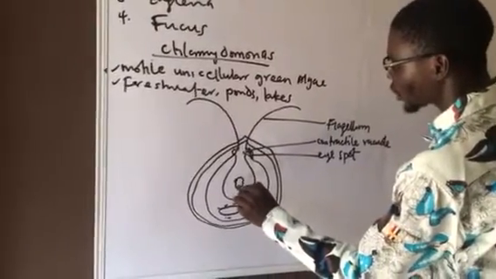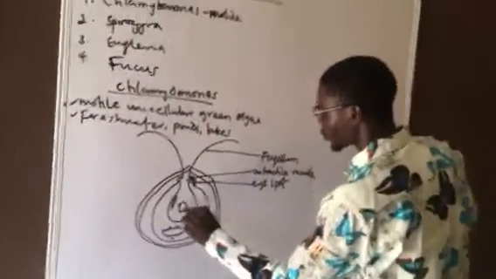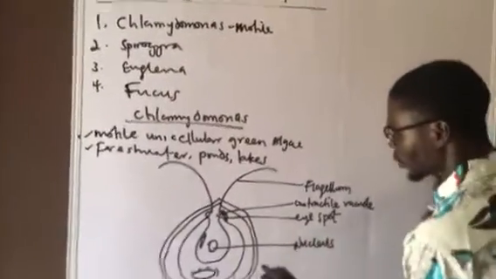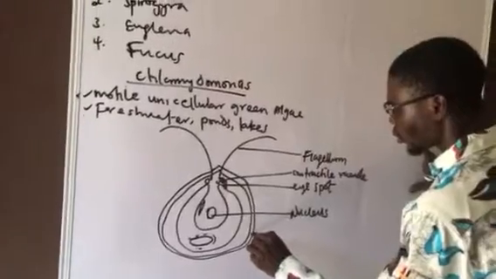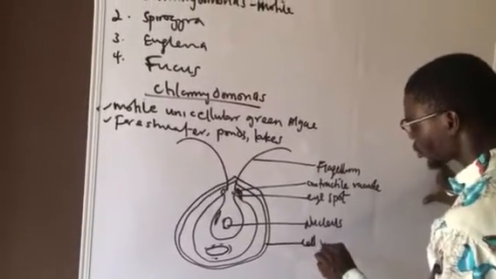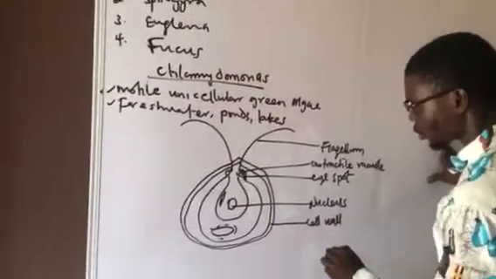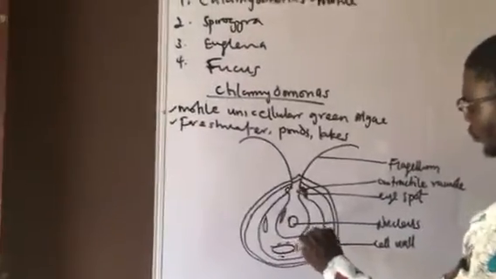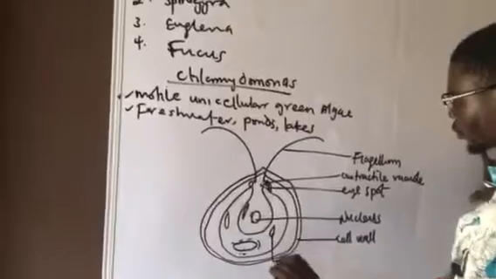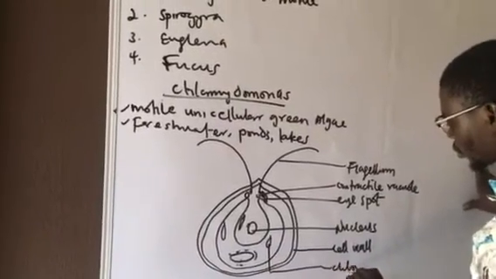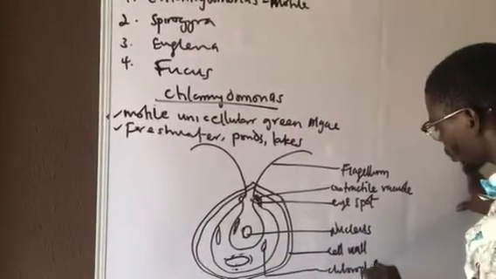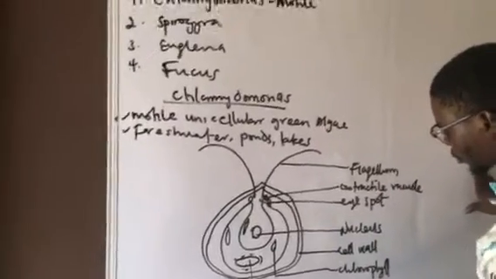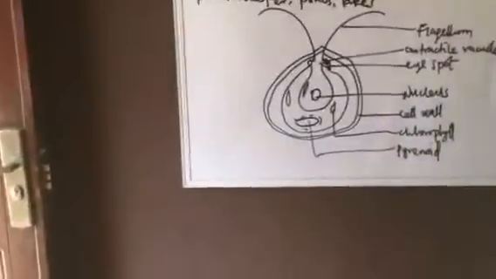In Chlamydomonas, there is a nucleus here, the nucleus at the center. We also have the cell wall. We also have chlorophyll and pyrenoid, where it stores starch.